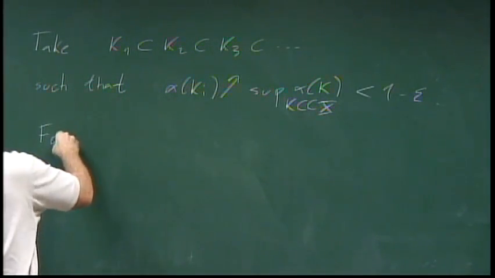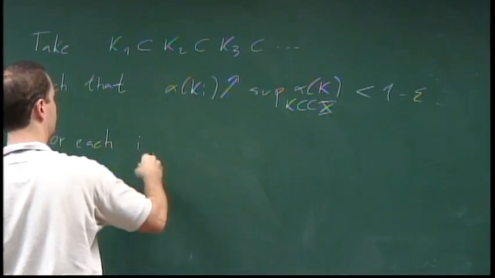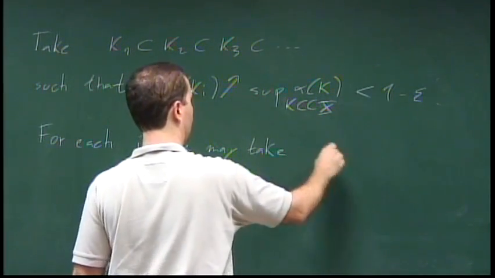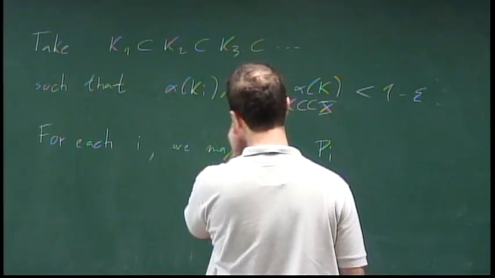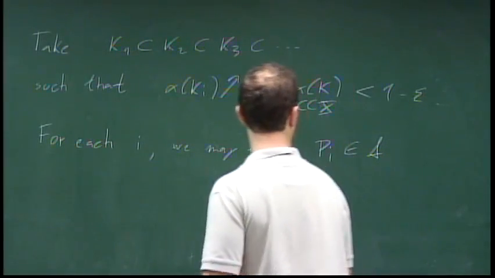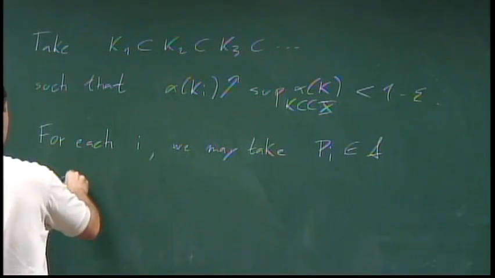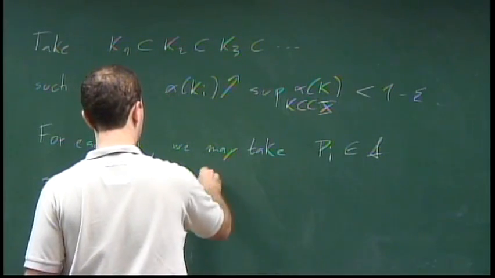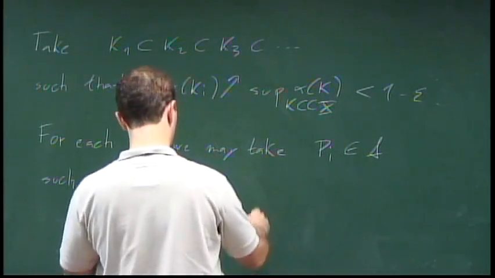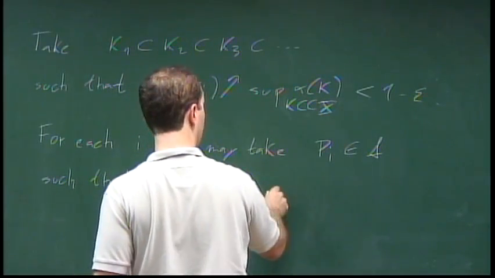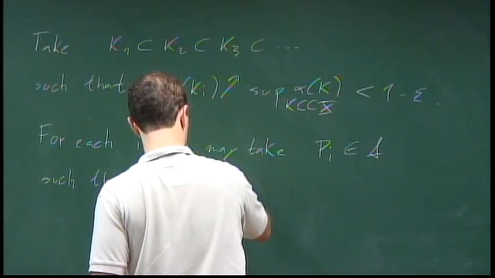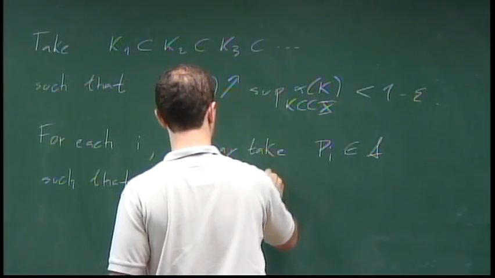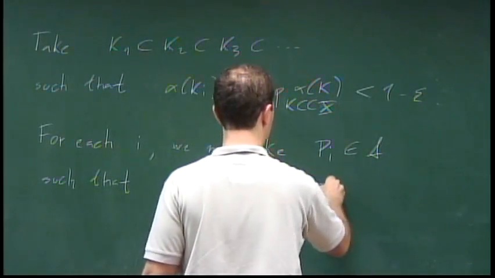So for each i, we may take P_i belonging to S such that P_i of K_i is greater than or equal to the alpha of K_i minus 2 to the minus i.